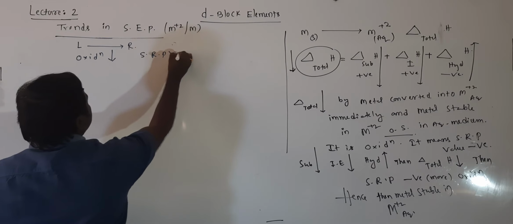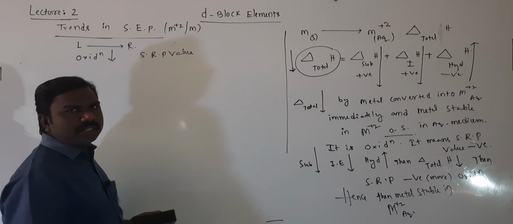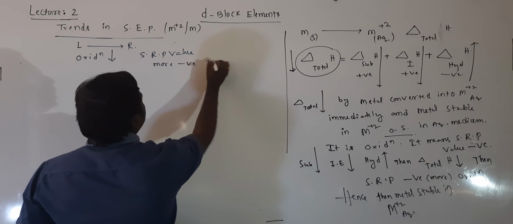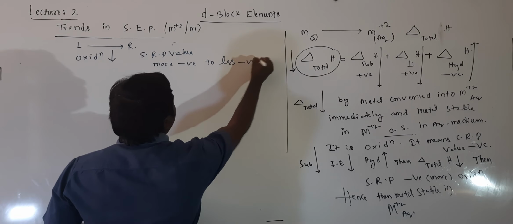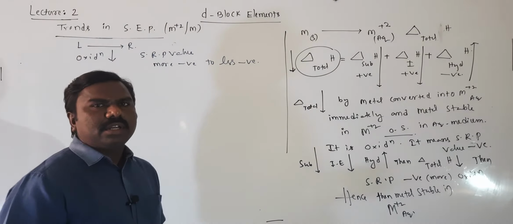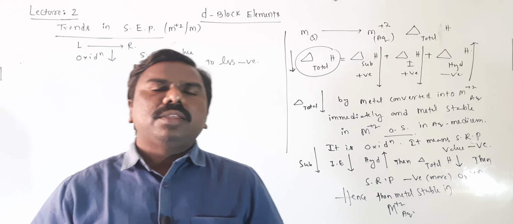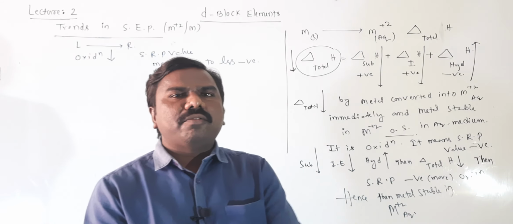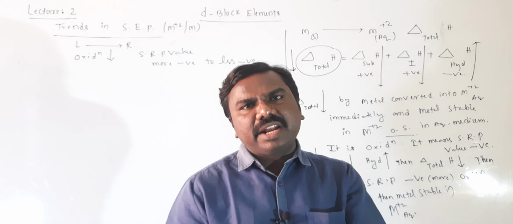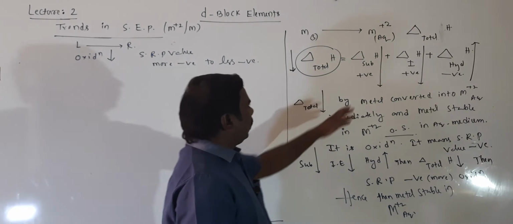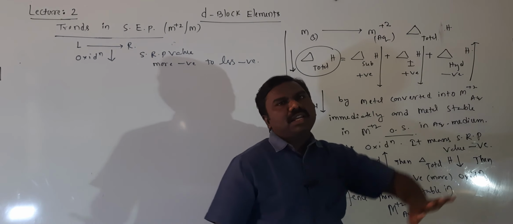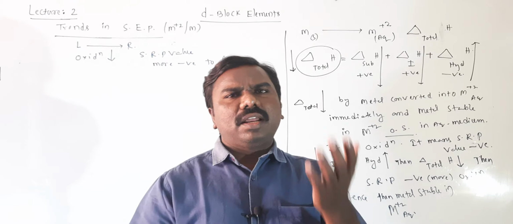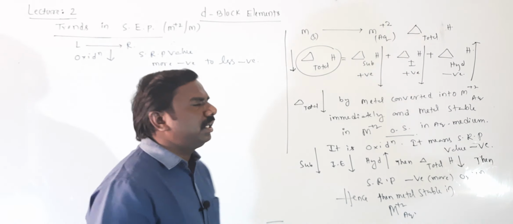SRP value, it means standard reduction potential value, will go from more negative to less negative. Generally in the 3D series, the standard reduction potential values are variable, not in a regular trend, because the sublimation enthalpies and ionization enthalpies are not in a regular manner, they are irregular, somewhere lower, somewhere higher.